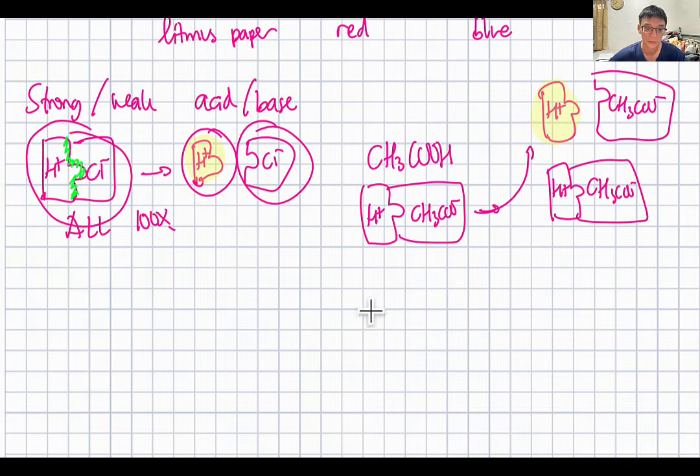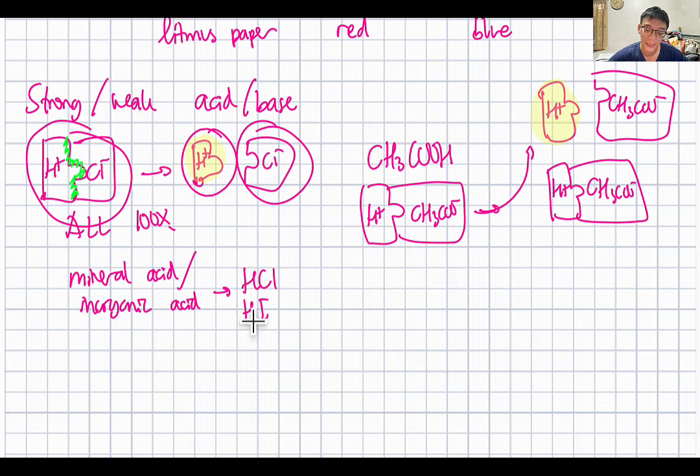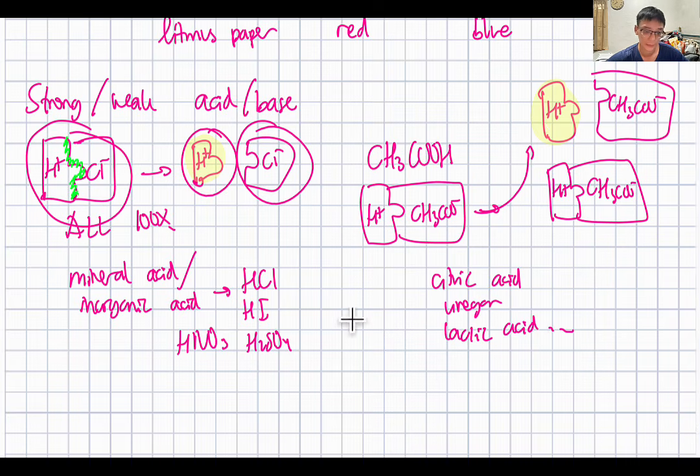So usually strong acids are mineral acids, or inorganic acids, for example hydrochloric acid, hydroiodic acid, and then nitric acid, sulfuric acid, and so on. While weak acids are mostly organic acids like citric acid, then vinegar, and lactic acid, for example from milk, and so on.